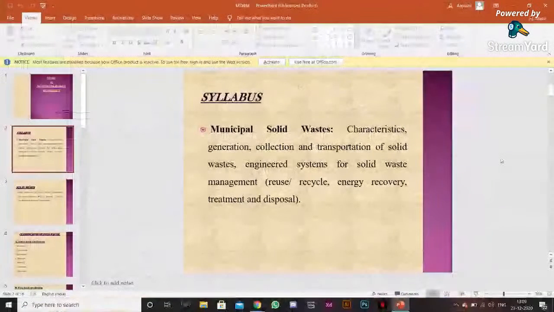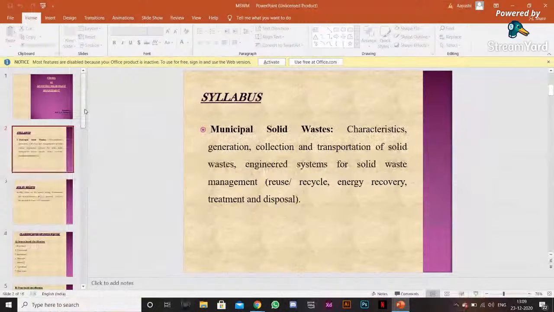So we have completed this syllabus, or we have covered all the points of the municipal solid waste management system.